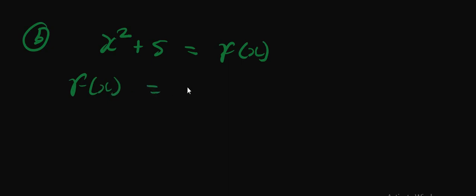Let's look at our next example. Let's say you have x squared plus 5 is simply equal to f of x, or we can say f of x is equal to x squared plus 5.